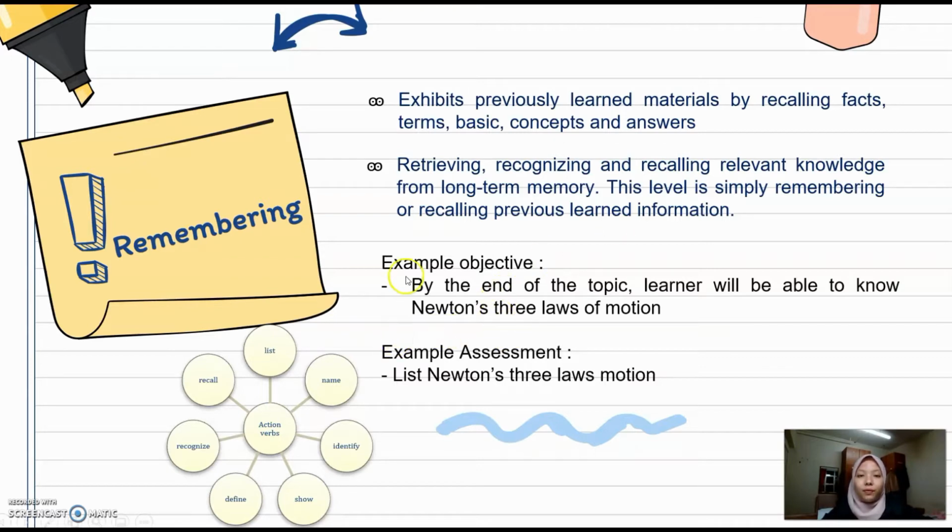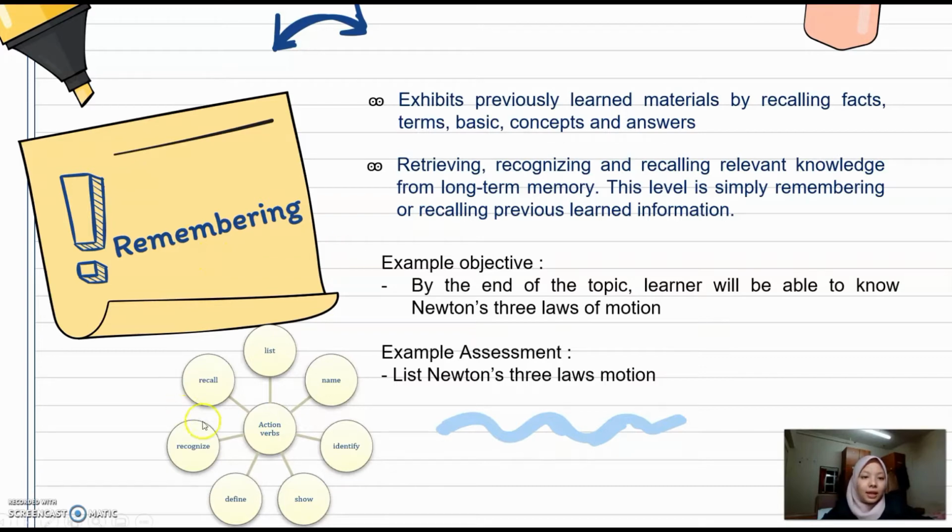As an example objective that we can achieve in remembering: by the end of the topic, the learner will be able to know Newton's three laws of motion. An example of assessment we can give to the learner is: list Newton's three laws of motion. We can see here that at the remembering level, the learner will be able to know and recognize information that they have gained before.